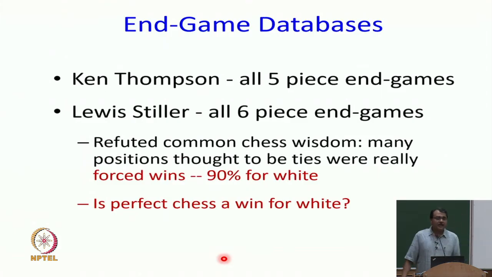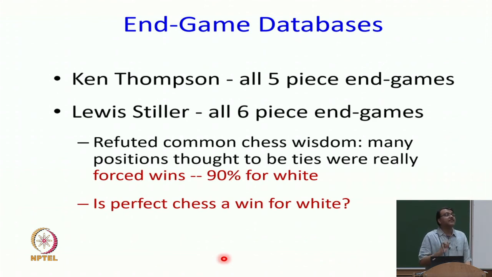Let me talk a little bit about endgame databases. Somebody came up with all 5-piece endgame databases, did the full minimax search, and at that point figured out who wins. Similarly, Louis Stiller did all the 6-piece endgame databases. And in fact, what Louis Stiller found is that if you search long enough, if you are white, you can force black to lose 90% of the time. 90% of the endgames that came up in gameplay, even though they may have been drawn in the actual game, were wins for white.